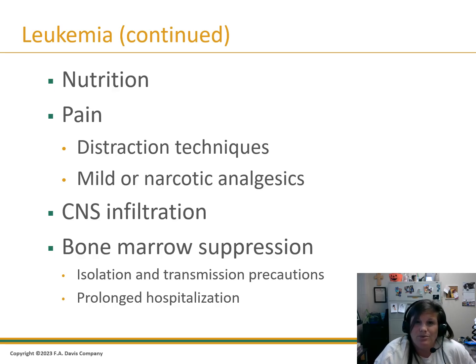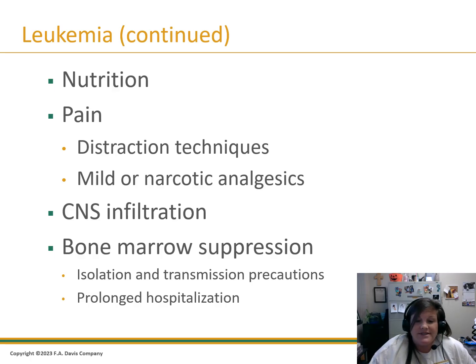So we want to find ways to really encourage that with the patient. Managing their pain does involve medications, both mild forms of analgesics and also narcotics, but also other measures too, like more complementary distraction techniques, being an example.